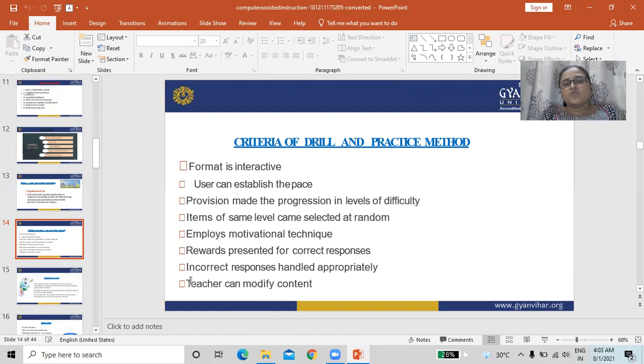Criteria of drill and practice method. Format is interactive.